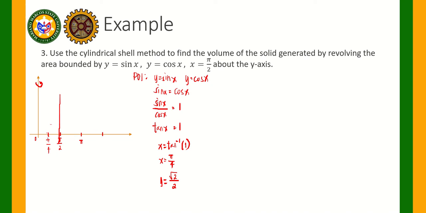So, this is pi over 4. So, doon sila magmi-meet. Dito sa ating pi over 4 and y equal to square root of 2 over 2. So, square root of 2 over 2 natin. For example, this is our 1. Ibig sabihin, nandito yung ating point of intersection. Okay?